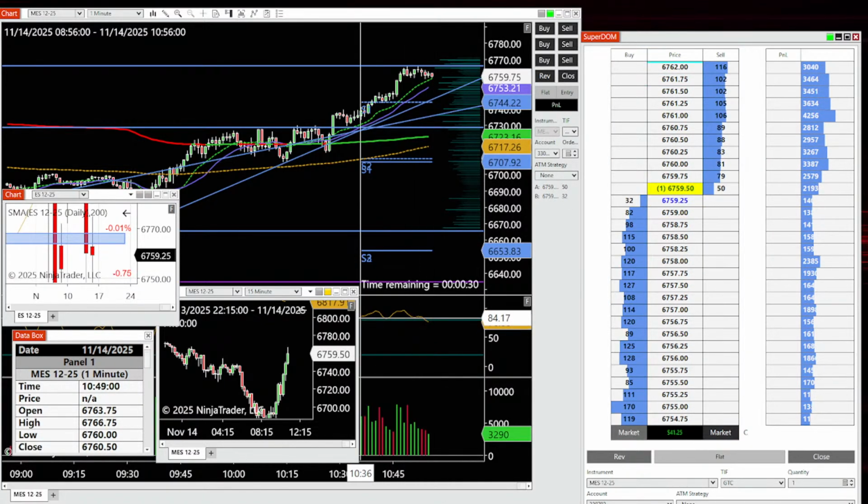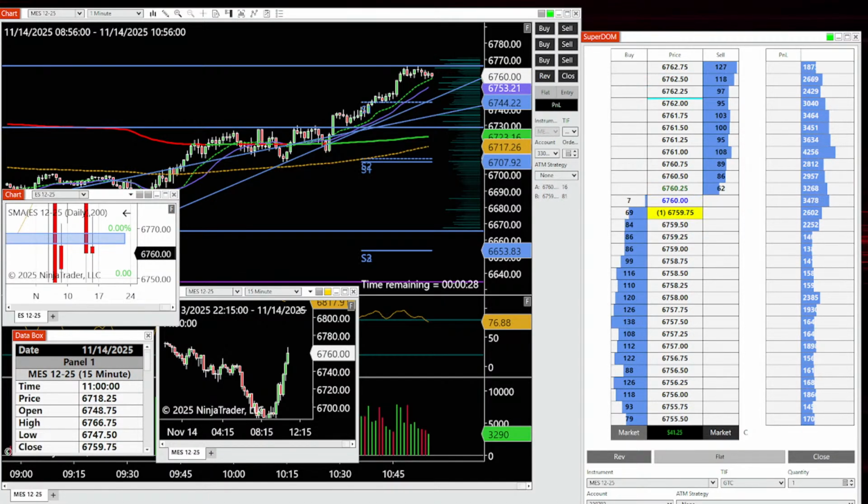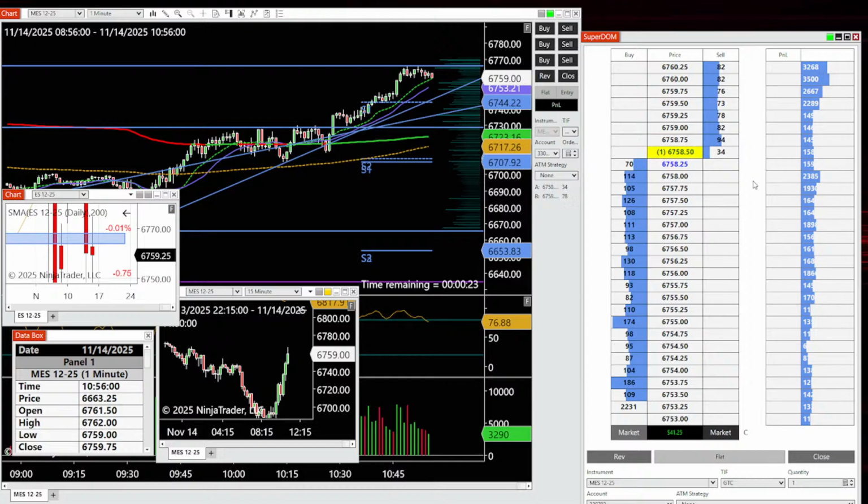Stochastics coming down. 15-minute bar opens up in about 5 minutes, but we're breaking that 59 that it bounced off of. Will it take a dump or will it bounce a couple of times?